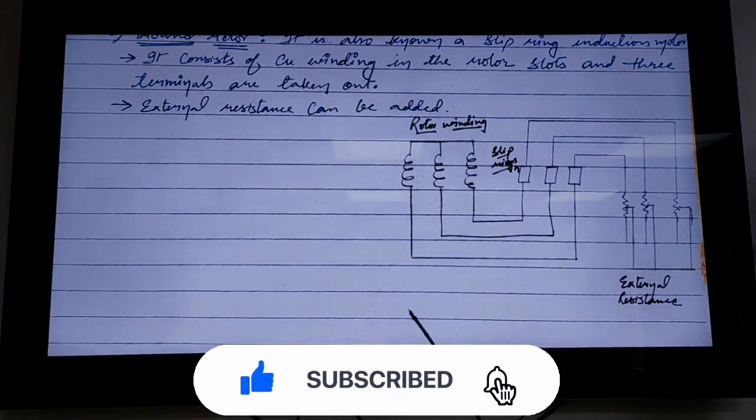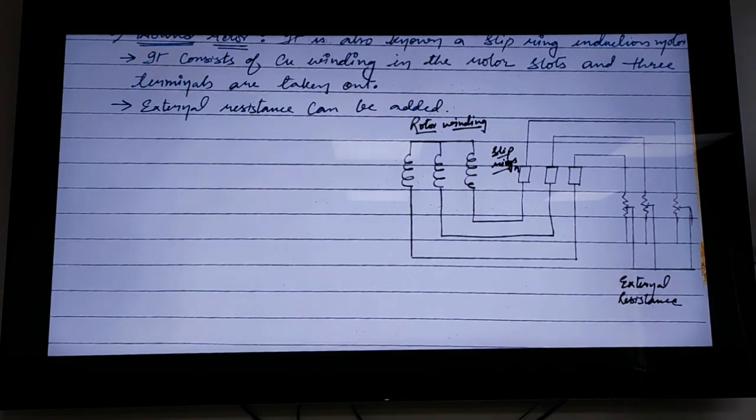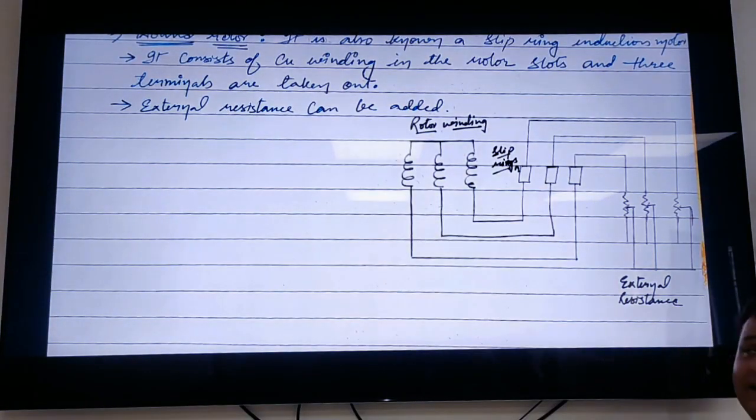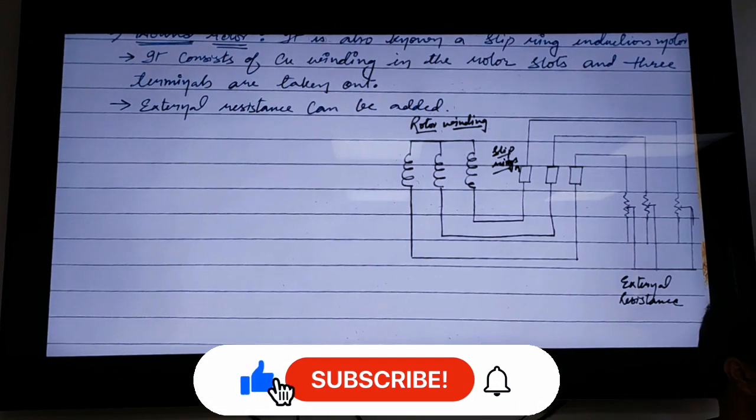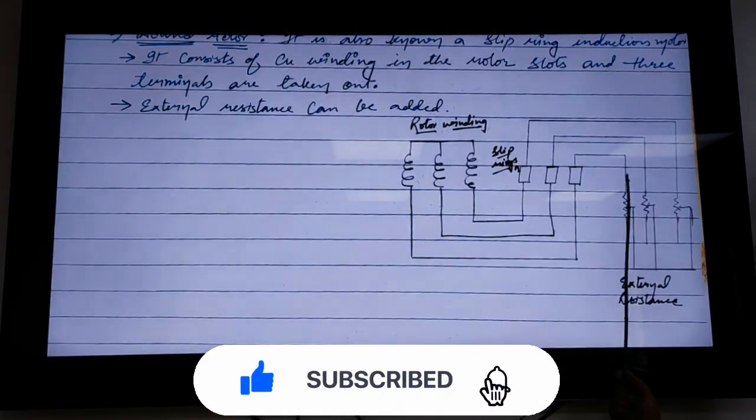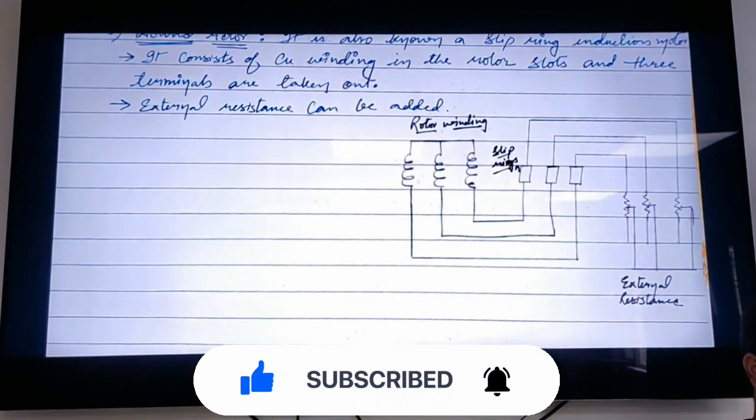In this particular case, by adding some external resistance, we can increase the starting torque. Once the motor starts, this resistance is of no use, so we just short these slip rings.